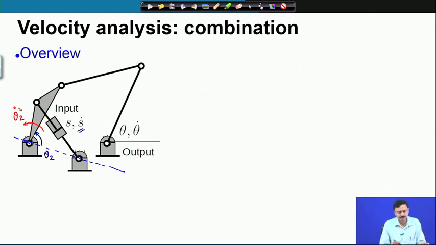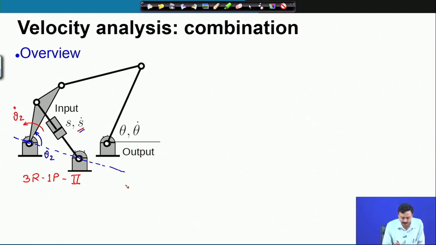That we have seen. I can relate S dot with theta 2 dot for this 3R 1P chain of type 2. So, this we have derived.